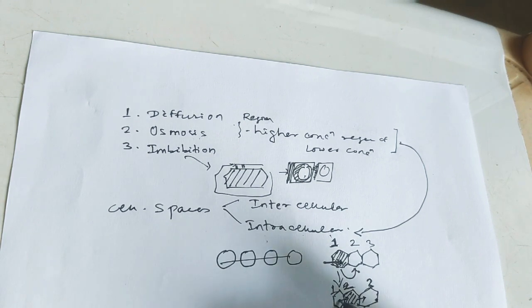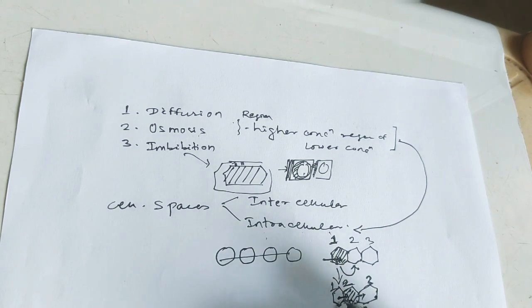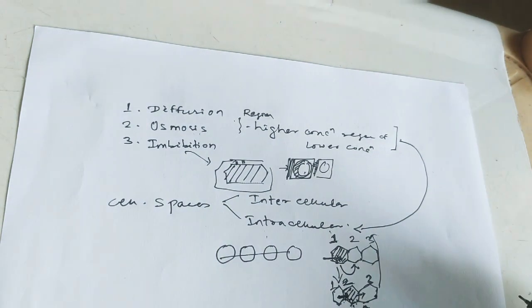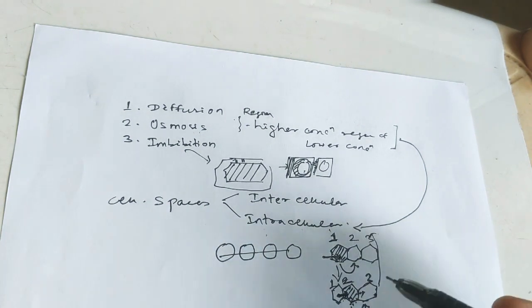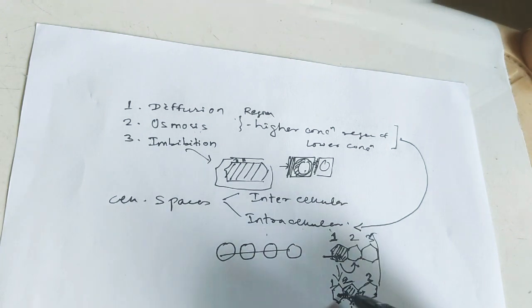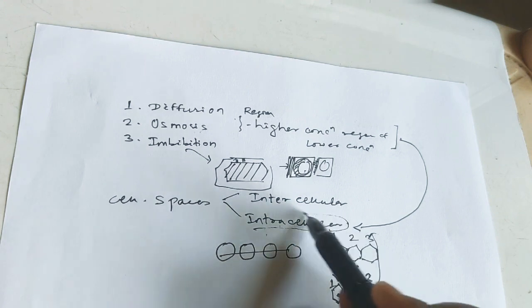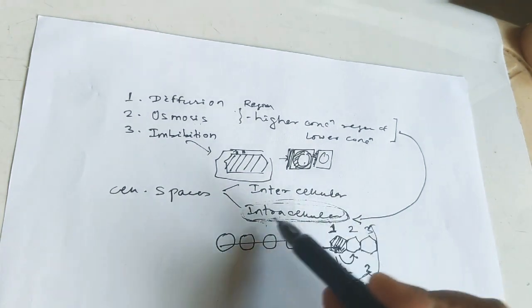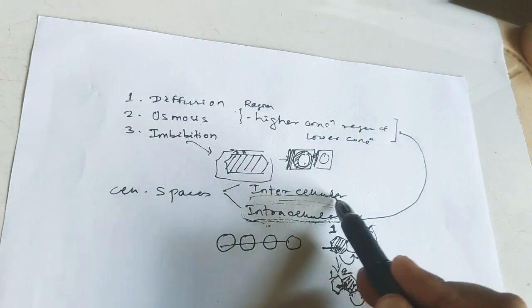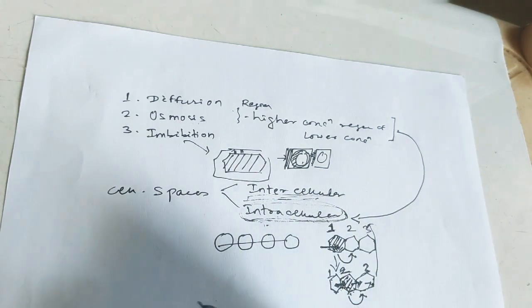The space between two cells is known as the intercellular space. If the solvent or water travels through cells, cell to cell, then it is under intracellular spaces.